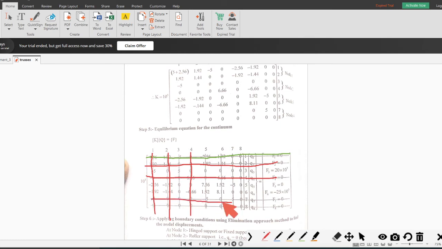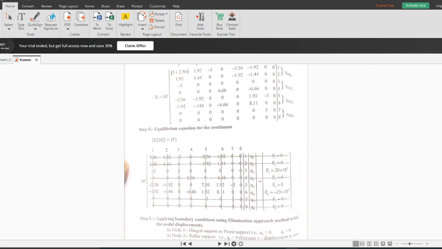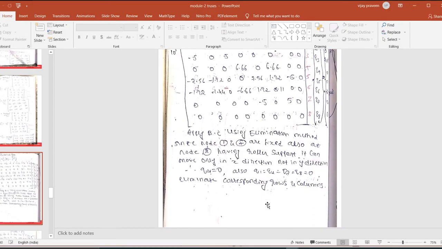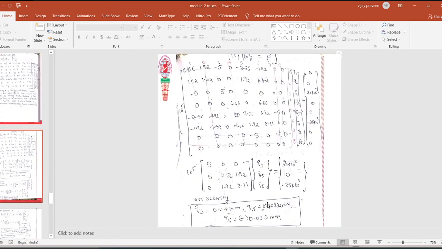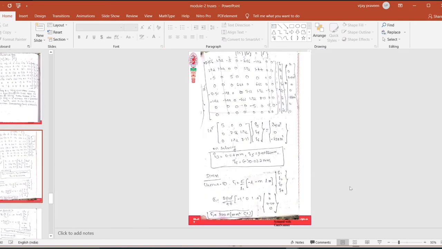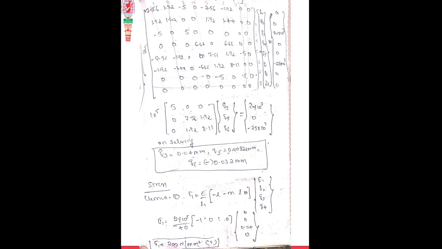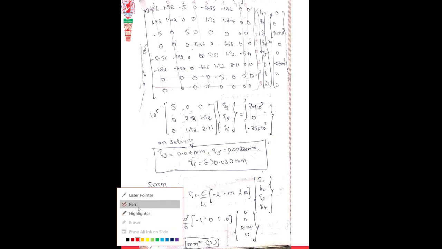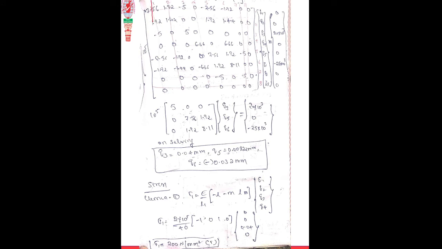Let me check here now. First row, first column, second row, second column.